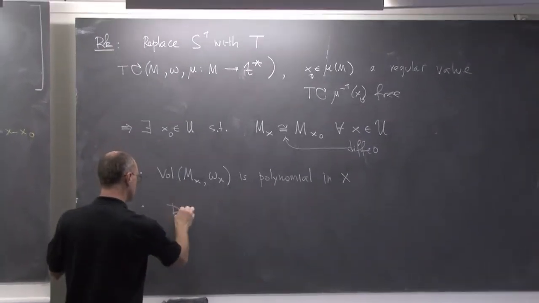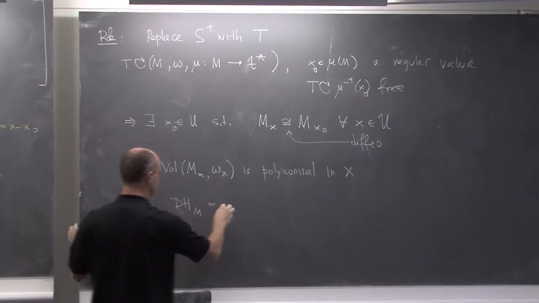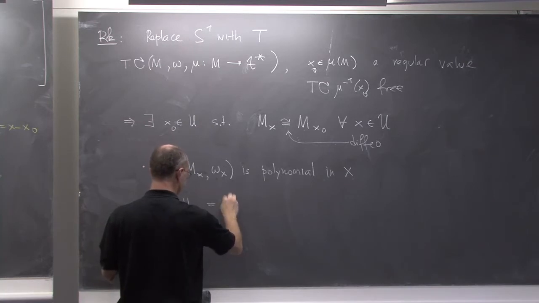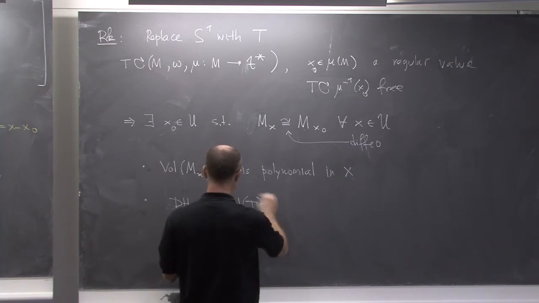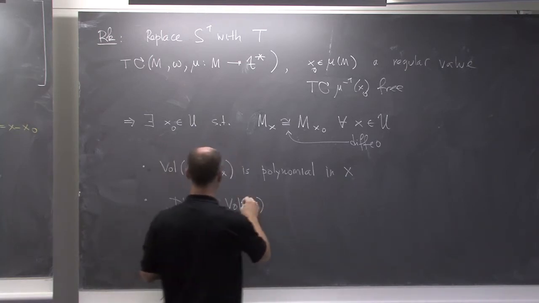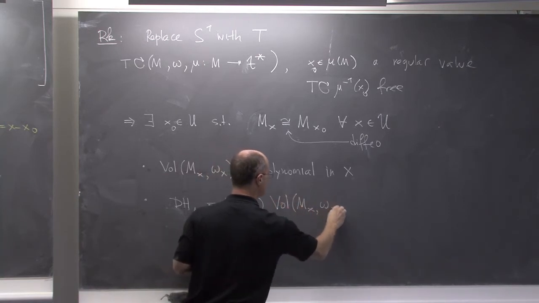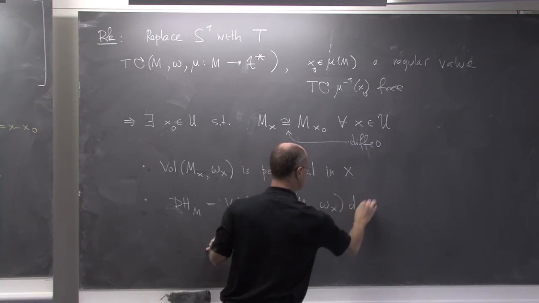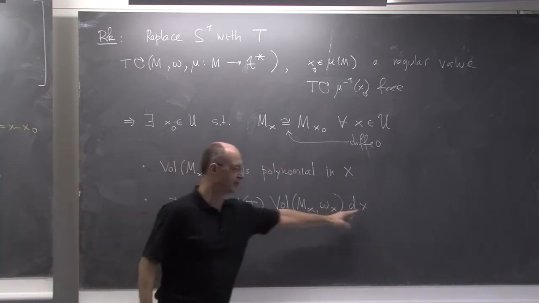And locally, the Duistermaat-Heckman measure is, let me write it down, and then we discuss a little bit what it is. So it's the volume of T times this volume function, times this polynomial function, times the Lebesgue measure in x.